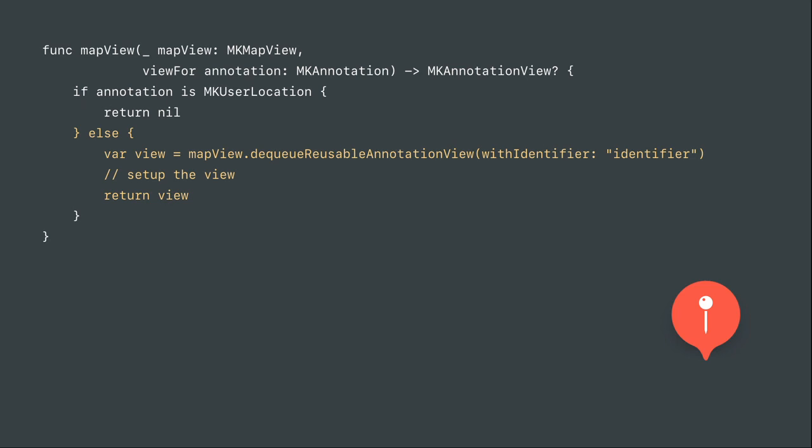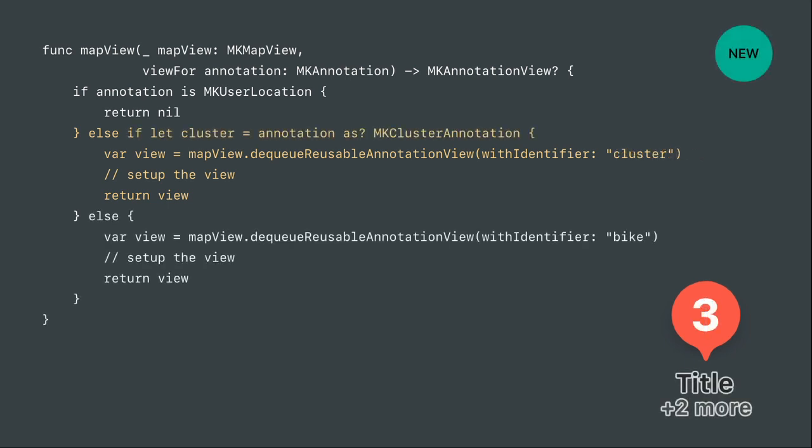Now, in iOS 11, you will also get one more different kind of system annotation in your callbacks. You might get this cluster annotation. So if you opt in to clustering and they collide, there is not a new delegate callback. We reuse the existing callback, give you a cluster annotation that represents the cluster, and you can return the annotation view that you want.